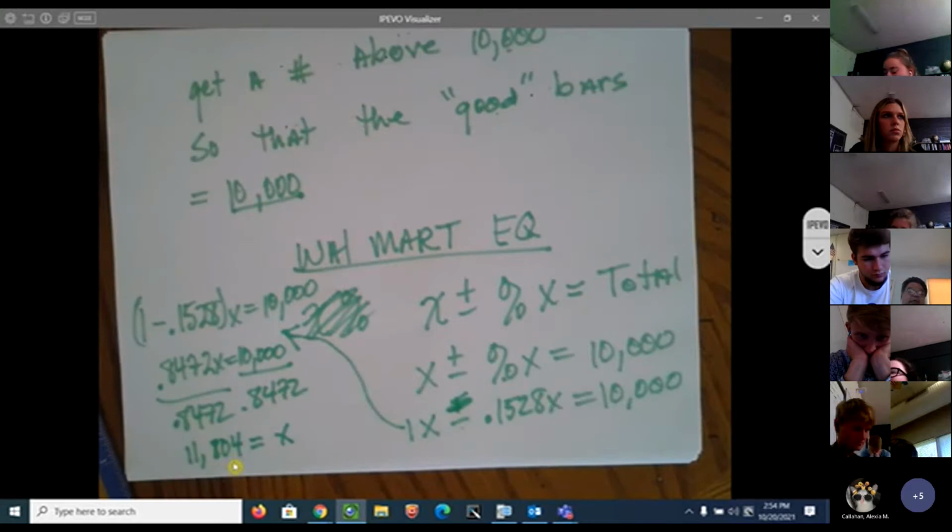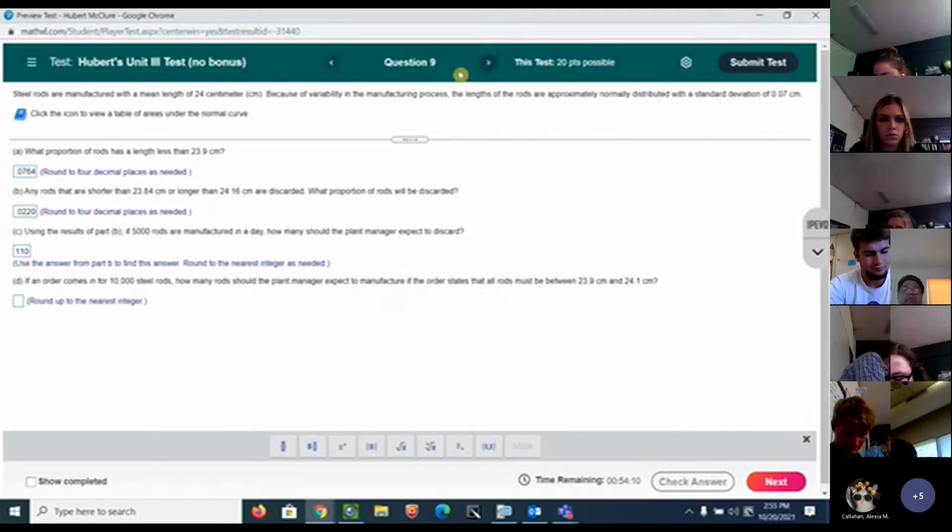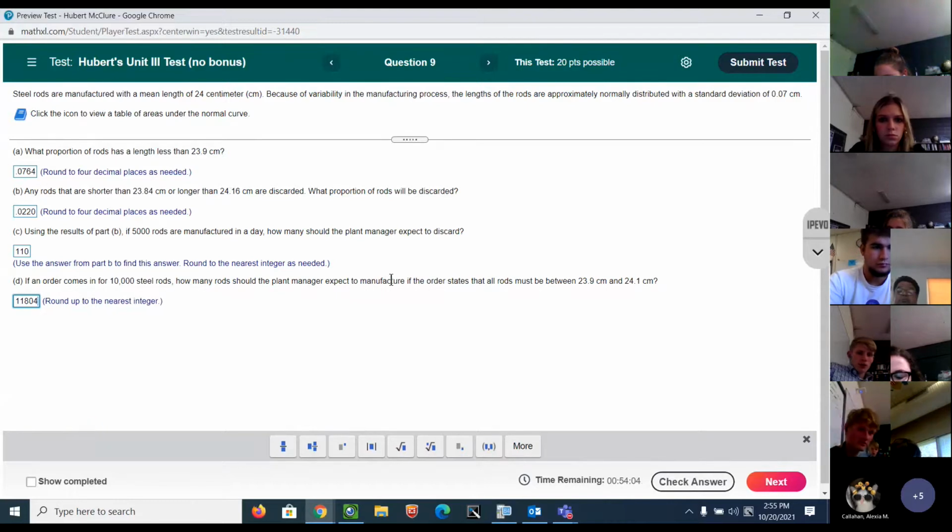Now, why am I not rounding to a decimal? Because there ain't no such thing as half a bolt. Half a shot, but not half a bolt. 11,804, and that should be the answer.